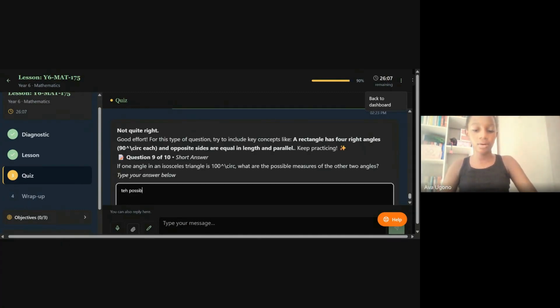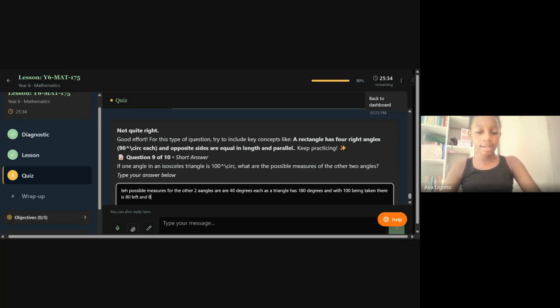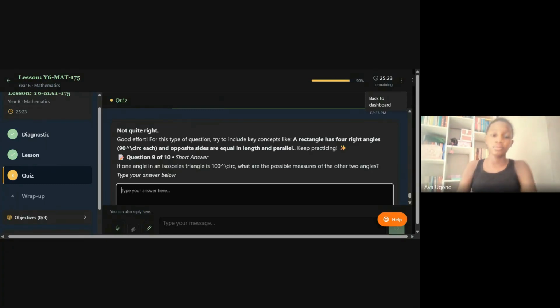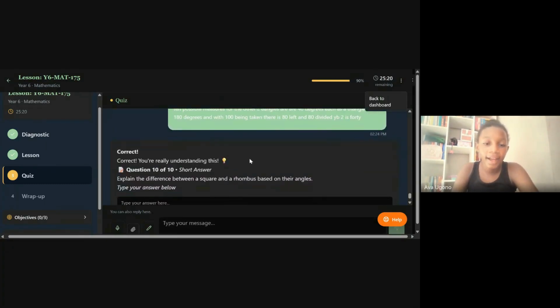The possible measures for the other two angles are 30 degrees each, as a triangle has 180 degrees, and with 100 being taken, there is 80 left, and 80 divided by 2 is 40. I got that answer correct.